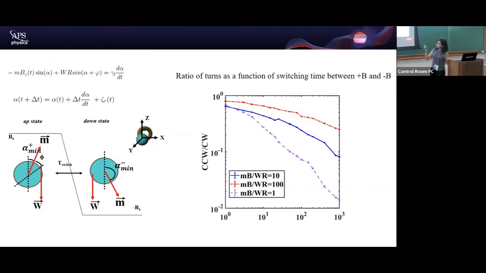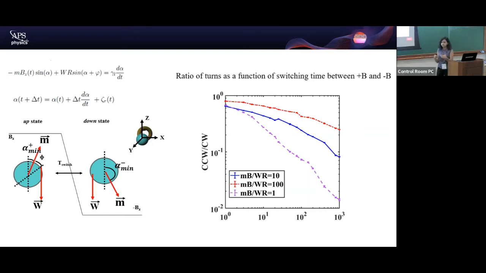So when we plotted that numerically, we saw that at very long time scales, which means if you turn it very slowly, it always took the desired turn. It always went ahead, and then it came back. But if I started switching the field very fast, oscillating it very fast, then we saw that it preferred a certain turn.